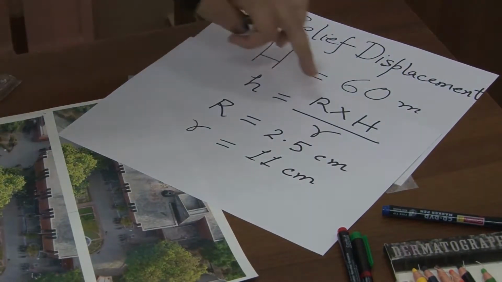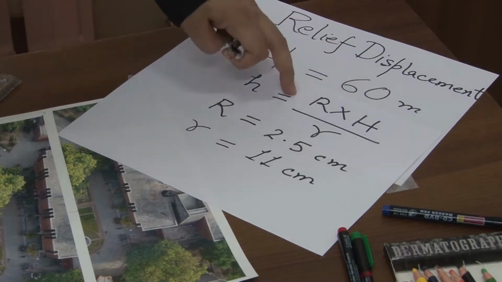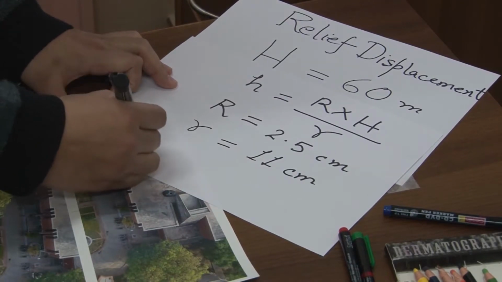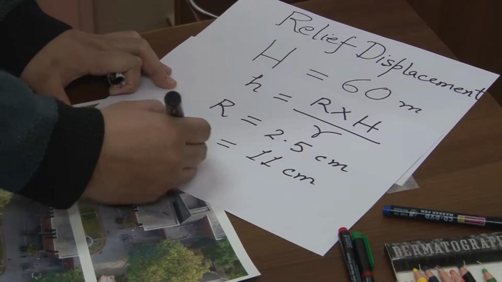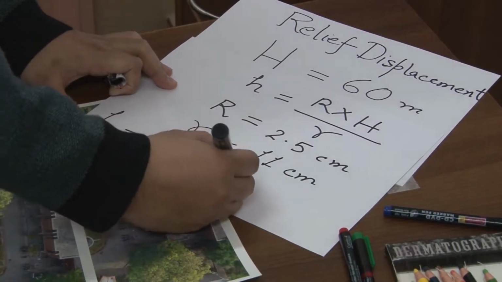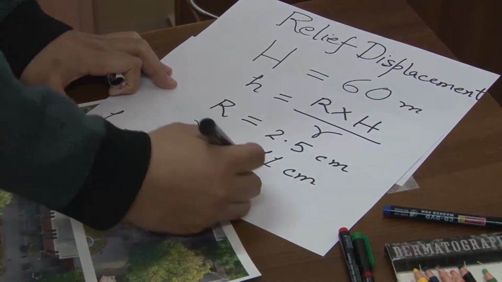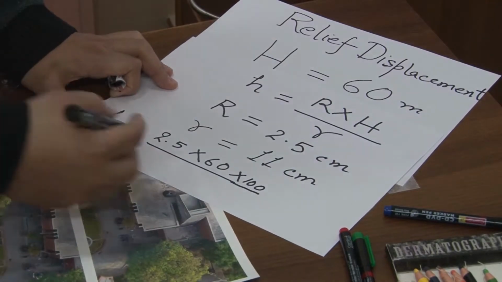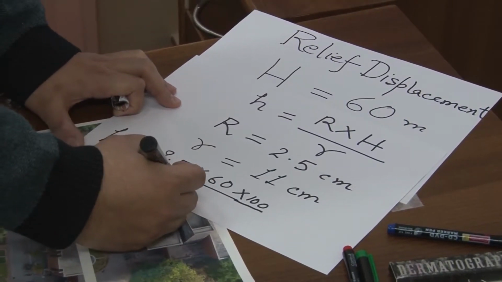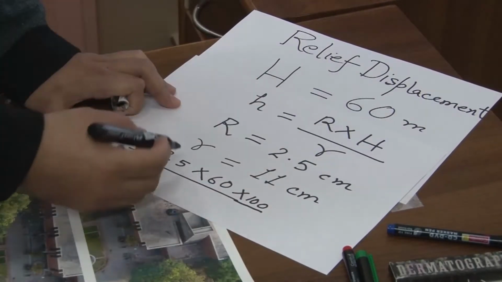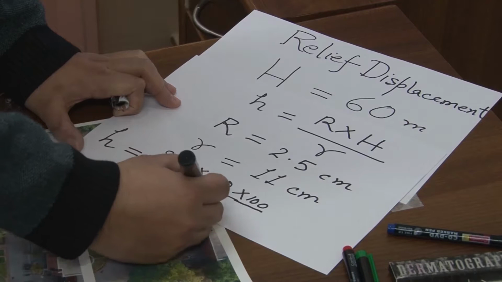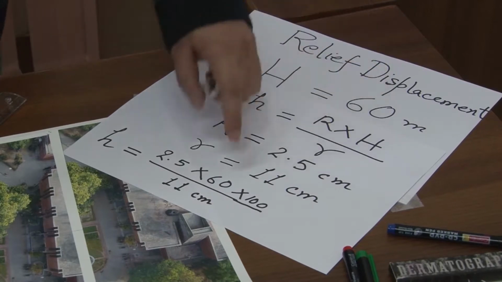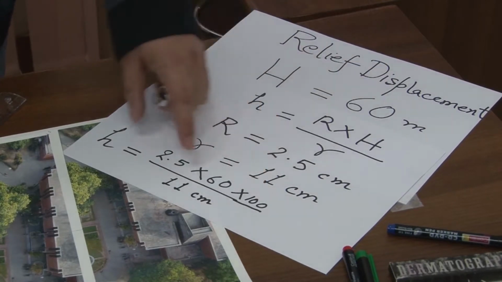So by putting these values in this formula, you can get your h. Small h will be equal to 2.5 into 60, multiplied by 100 to convert it into centimeter, and then divided by small r, that is 11 centimeter, because H is given in meters, so multiply it by 100 to convert into centimeter.